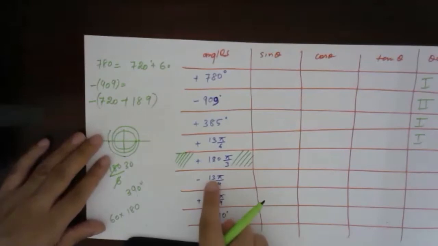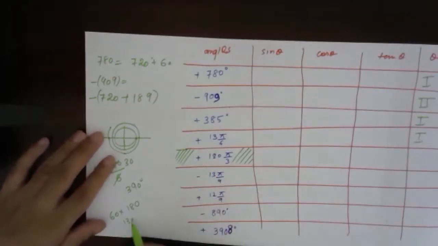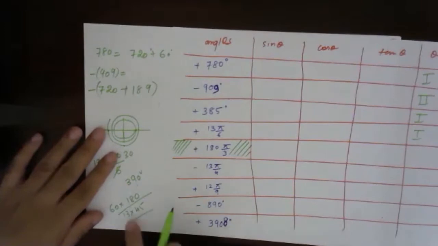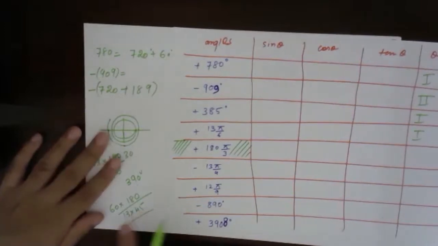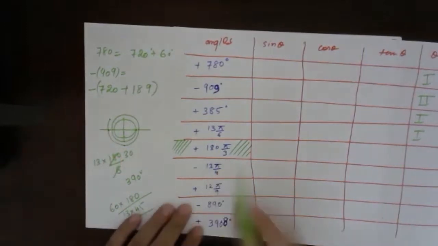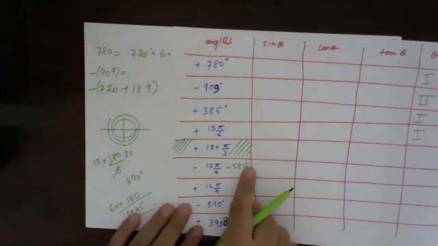13 pi by 4. 13 pi by 4 is 13 into 45, because pi by 4 is 45. Has anybody calculated what 13 into 45 is? Just tell me fast. Otherwise, I have to calculate. What is this angle? Minus 585. That means in which quadrant?